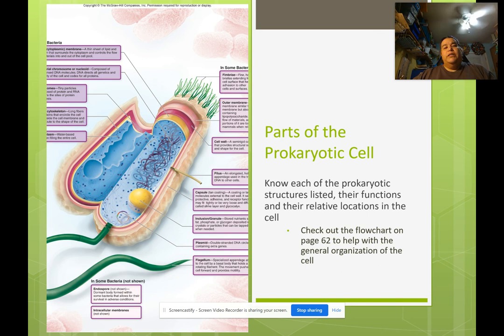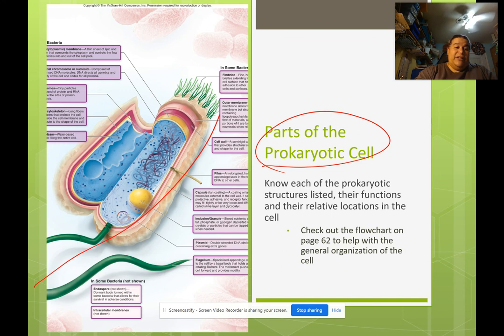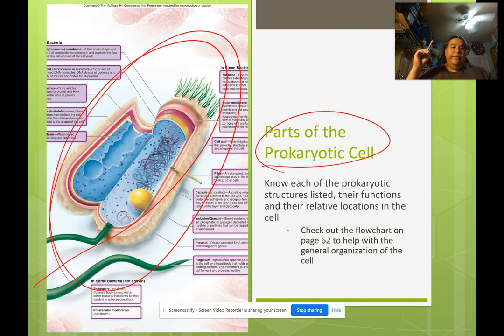Okay, so parts of the prokaryotic cell. This is actually a figure in your book that is really nice. You can look at the summary of the parts and pieces, and you can see on one page what everything is, what it looks like, and what it does.